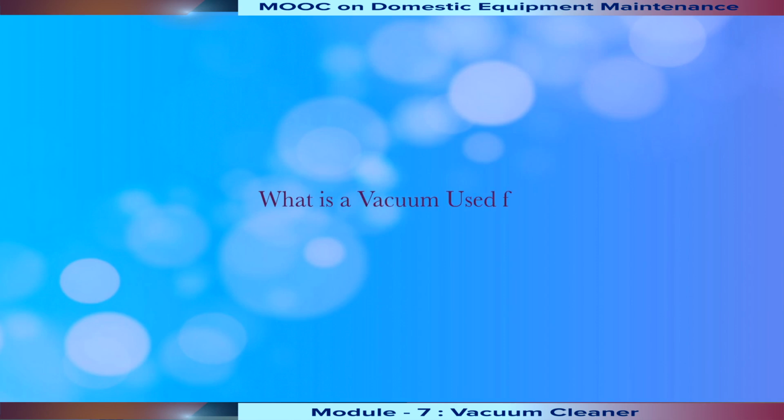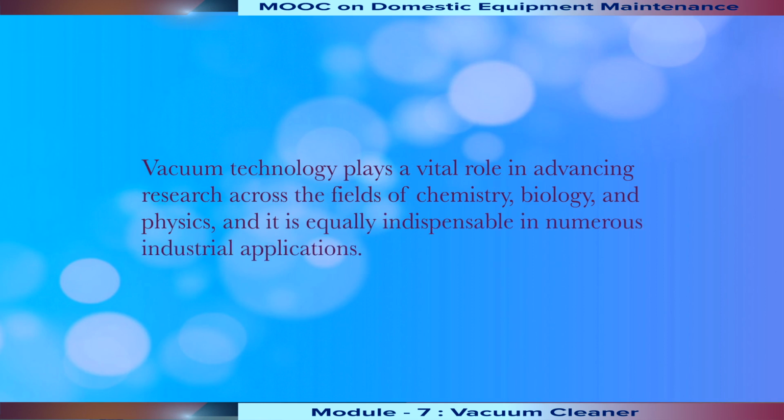Now, what is a vacuum used for? Vacuum technology plays a vital role in advancing research across the fields of chemistry, physics, biology, and it is equally indispensable in numerous industrial applications.